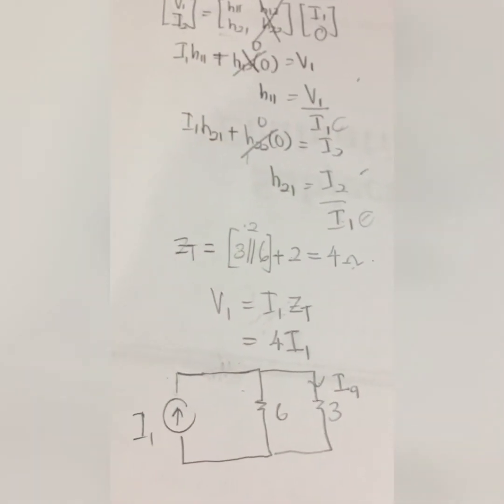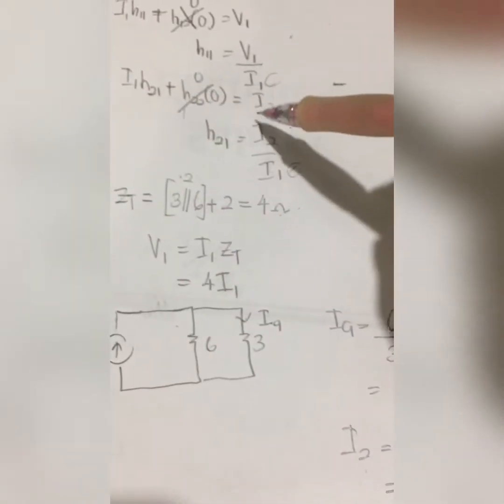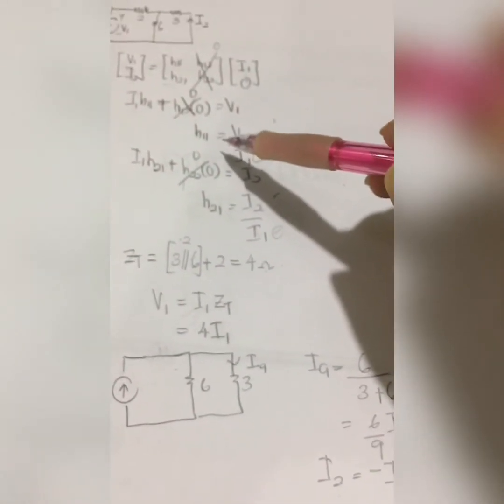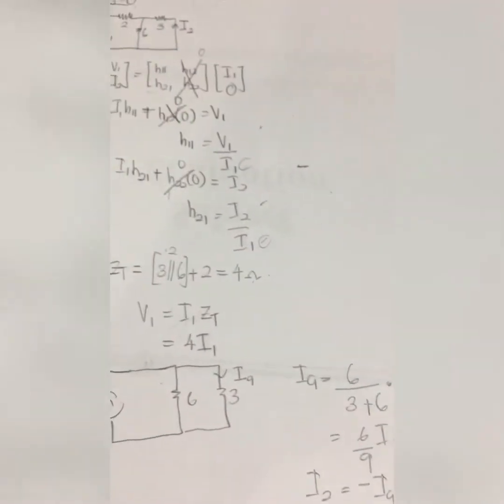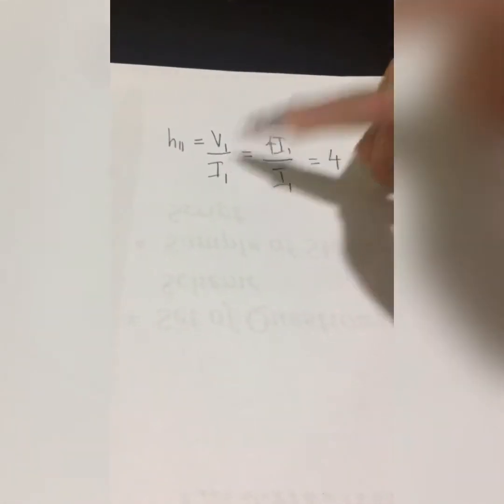So once we get what is V1 and I2, then we can directly calculate what is H11 and H21. So H11 is equal to V1 divided by I1. So for this case, V1 is 4I1 divided by I1. Then we get 4. So the unit should be V1 over I, is ohm.